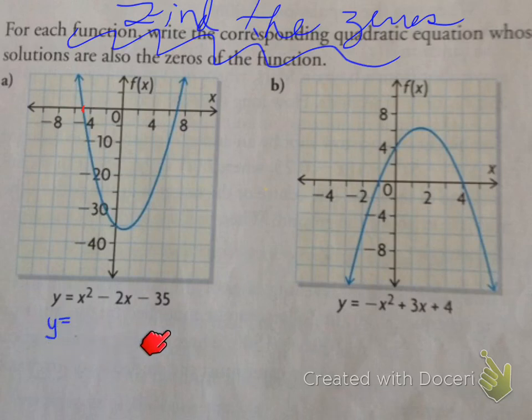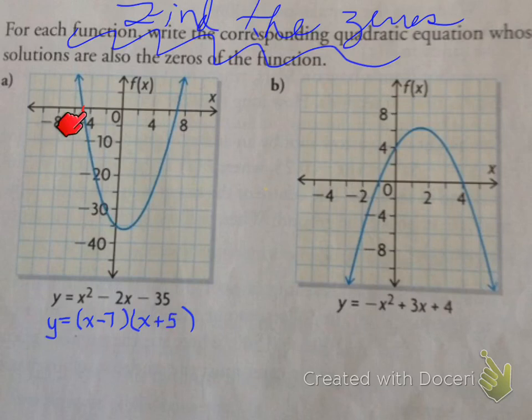So we need to factor this expression. The product is -35 and the sum is -2. We know that x squared has to be x and x, and we want to get -7 and +5.